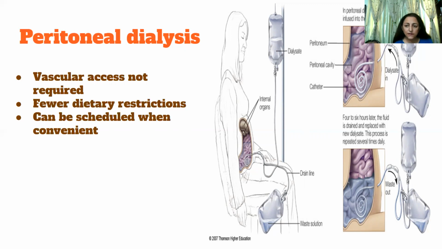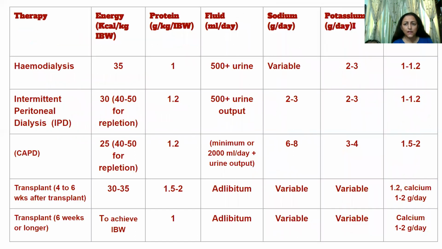patient feels convenient. So this is a very busy slide where we will see what is the dietary recommendation for the different types of conditions where either the person is going for a dialysis, it could be hemodialysis or it could be peritoneal dialysis.